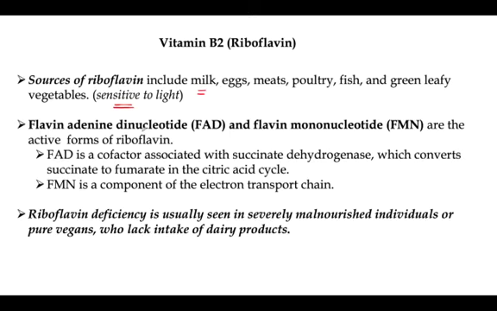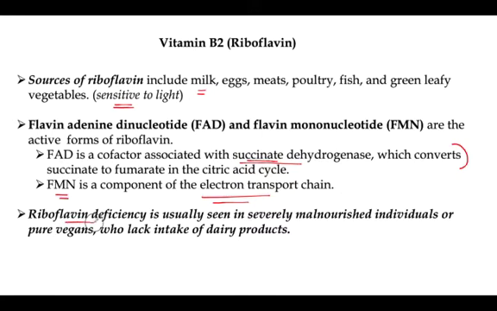And if you remember from your lectures in biochemistry, FAD is a cofactor associated with the succinate dehydrogenase complex, which is involved in conversion of succinate to fumarate in the TCA cycle or the citric acid cycle. Flavin mononucleotide, of course, is an important component of the electron transport chain, which is responsible for oxidative phosphorylation.